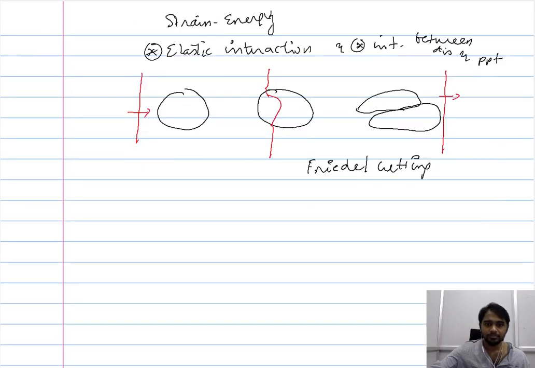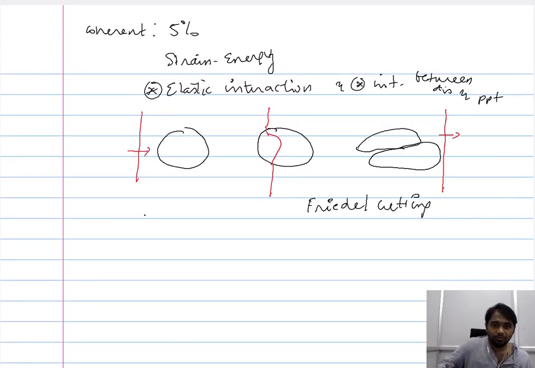Now, we will go to the incoherent case. So in case of an incoherent interface, the difference in the interplanar distance is greater than 20%. So in that case, the strain energy is also sufficiently higher.